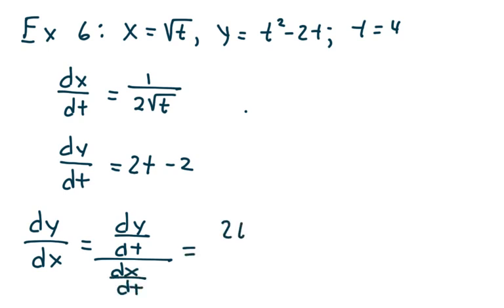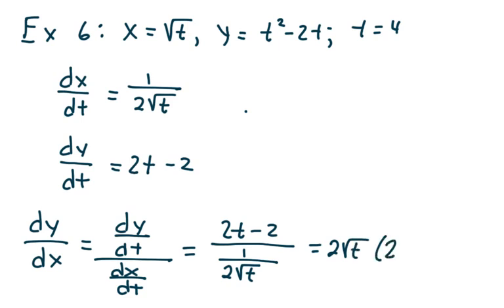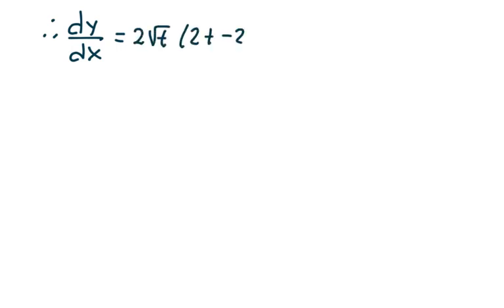So this is 2t minus 2 divided by 1 over 2 square root of t. But remember, when you divide by a fraction, you multiply by the reciprocal. So I could write this as 2 square root of t times 2t minus 2. Okay? So therefore, dy dx is 2 square root of t times 2t minus 2.